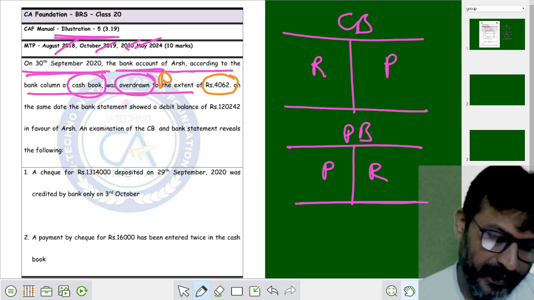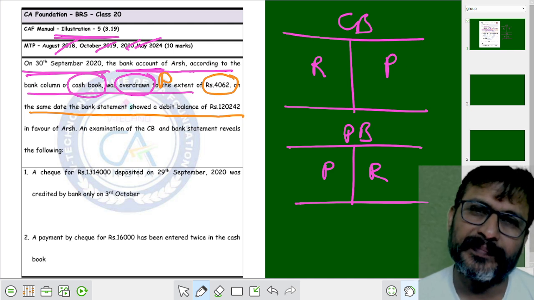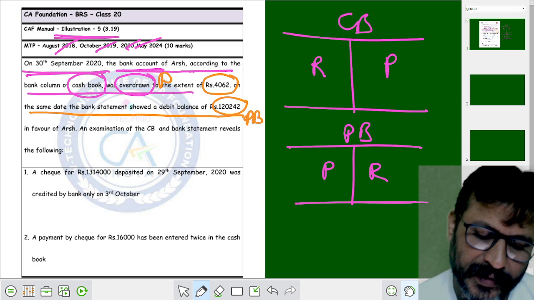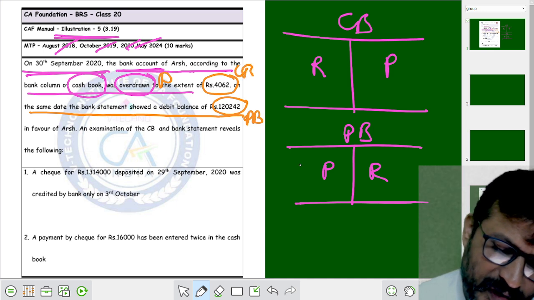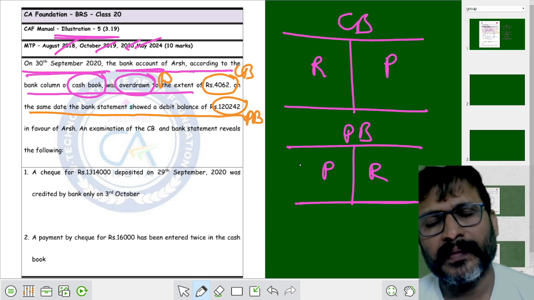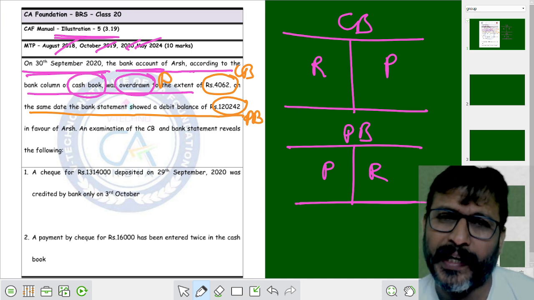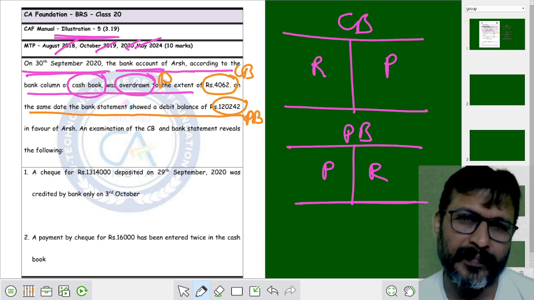On the same date, the bank statement showed a debit balance. It is in which book? It is in the passbook. And this is in the cash book. As a student, you are not supposed to start with both the items. We have to start with any one among them.